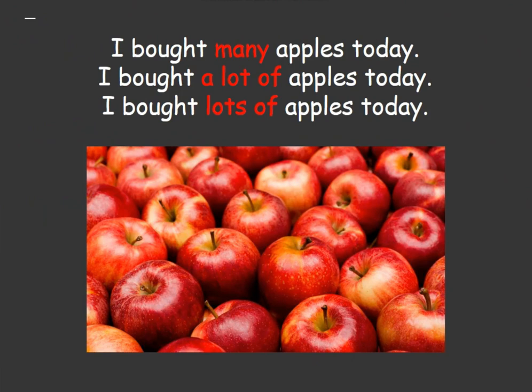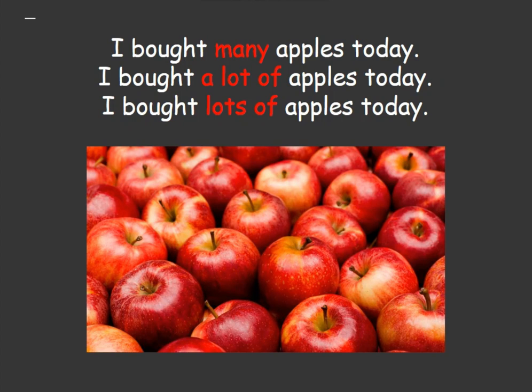I bought many apples today. So is the word many used to express countable or uncountable? Yes, excellent, countable. And large amounts or small amounts? Yes, large amounts. Let's see the second sentence. I bought a lot of apples today. Is the word a lot of used for countable or uncountable?